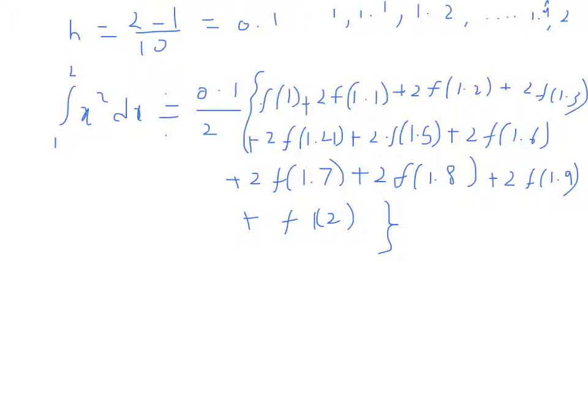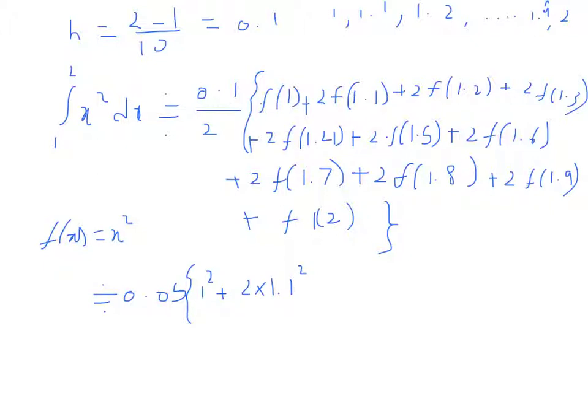Now, the curve is only a parabola, f of x equals x squared, so it's quite easy to substitute in. The area is approximately 0.1 divided by 2, which is 0.05. Going back to f of 1, as I said, f of 1 in this case is 1 squared, plus 2 times 1.1 squared.